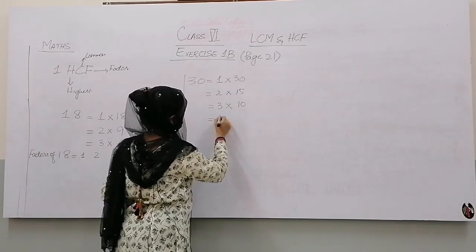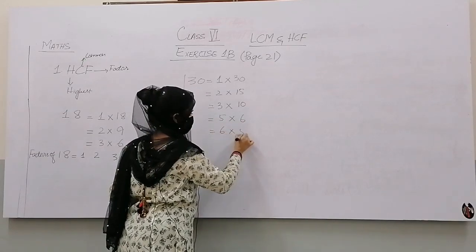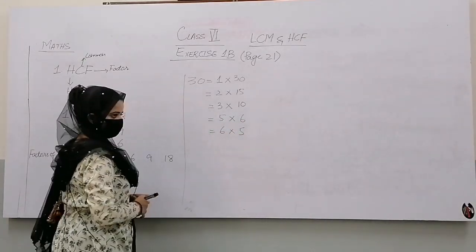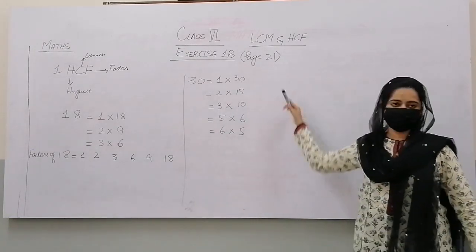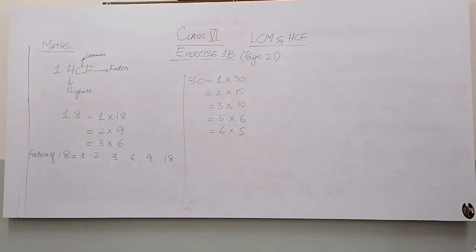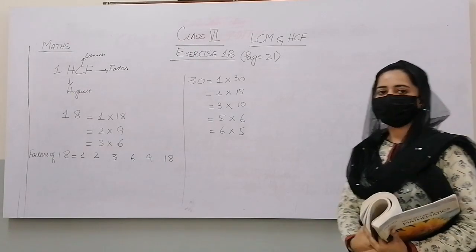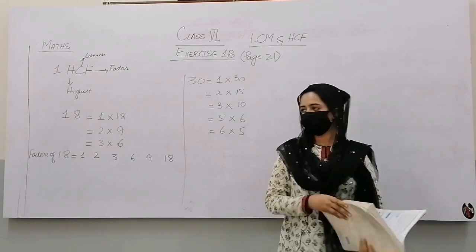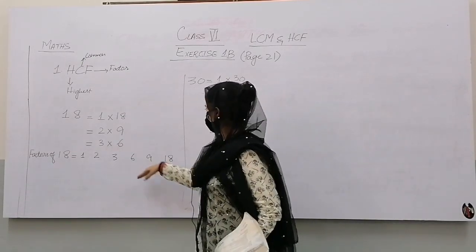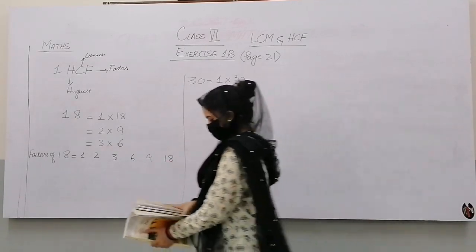And these are all the factors of 30. Now, what is a common factor? A common factor is the factor which is present in the factors of both 18 and 30.